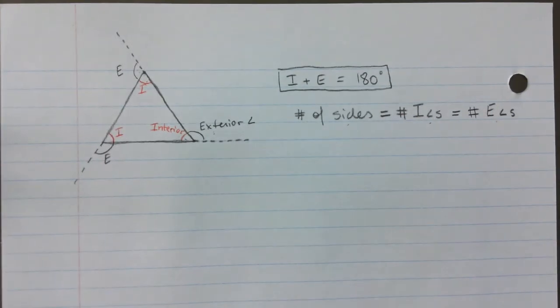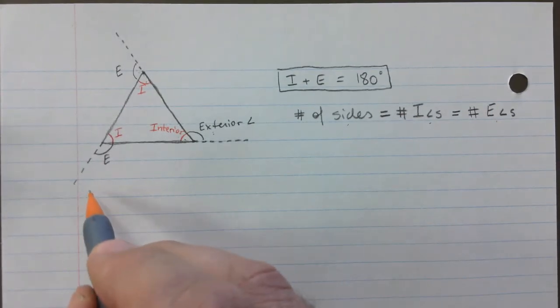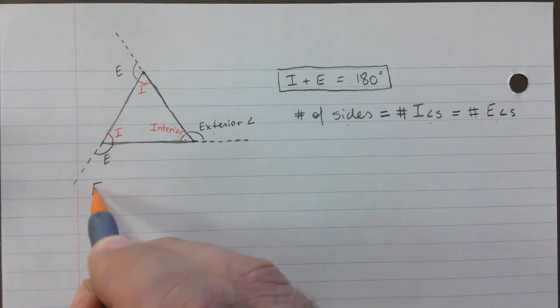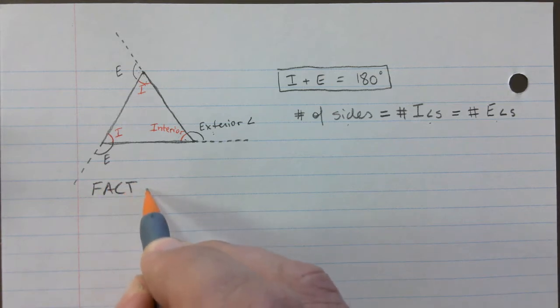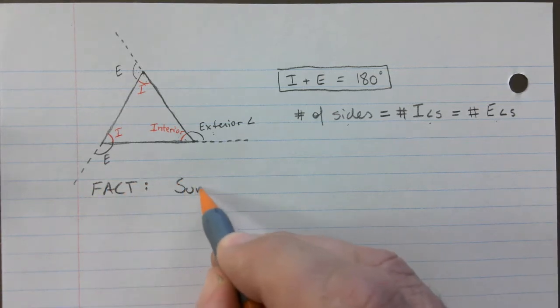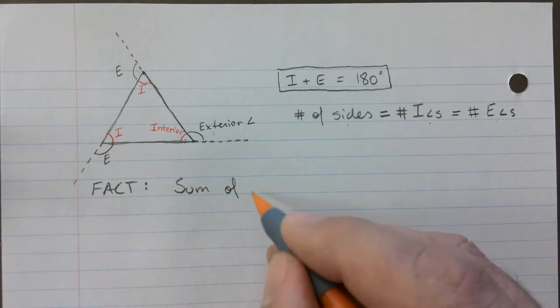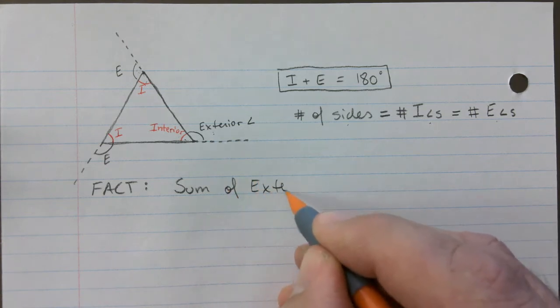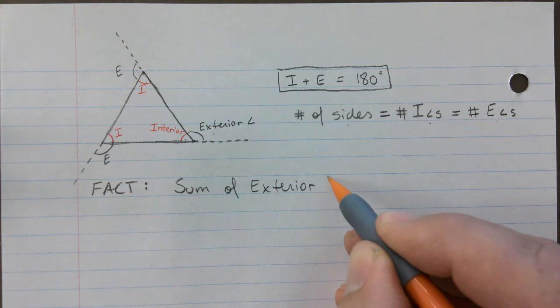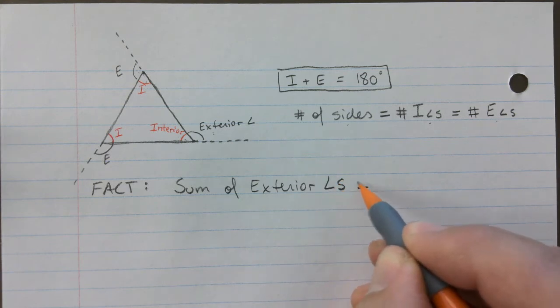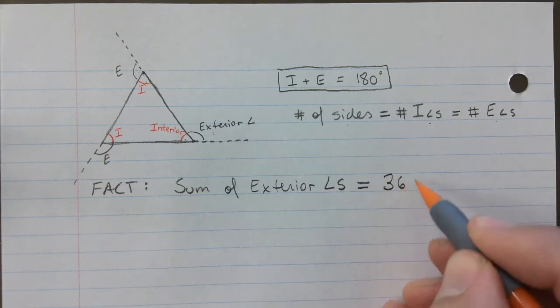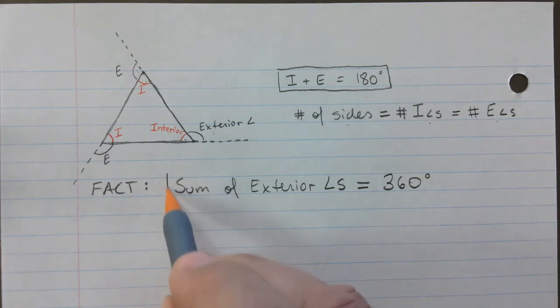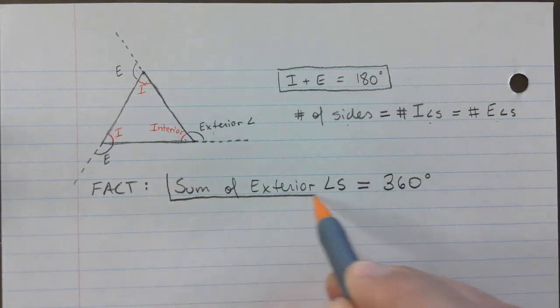And here's another cool fact here. Sum of exterior angles is always equal to 360 degrees. Note this.